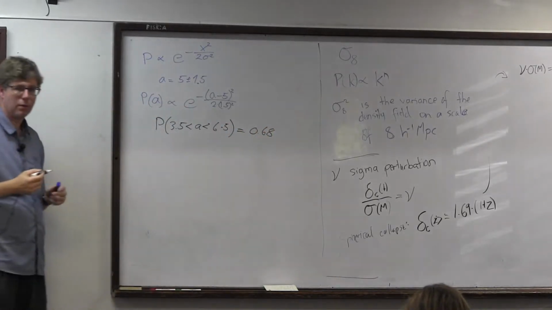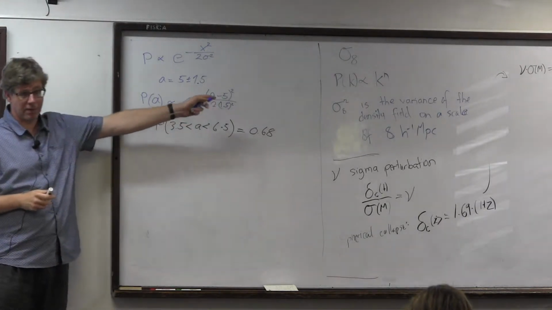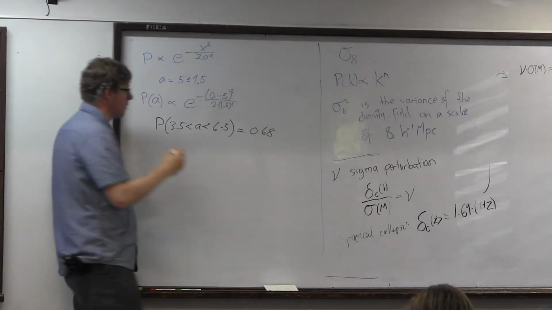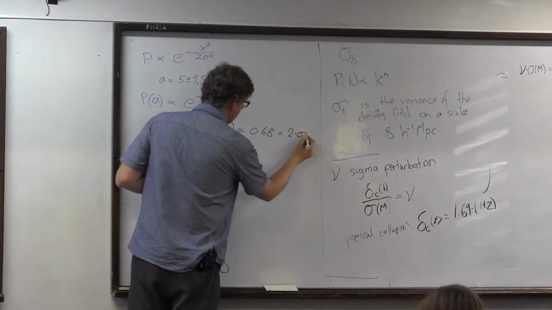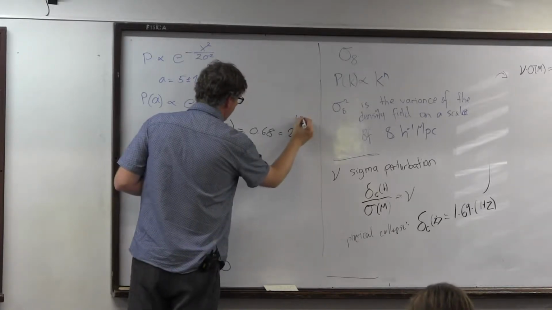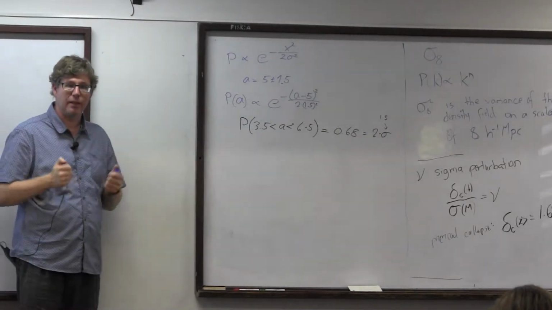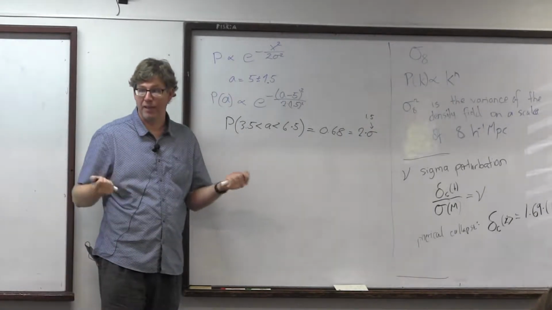That's just an aspect of integrating this Gaussian function between those two limits, and that's plus or minus 1 times sigma, which in this case is 1.5. So that's what it basically gives you, some estimate of how crazy or how freaky it is.